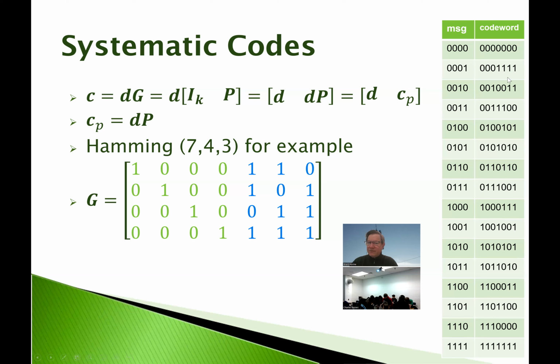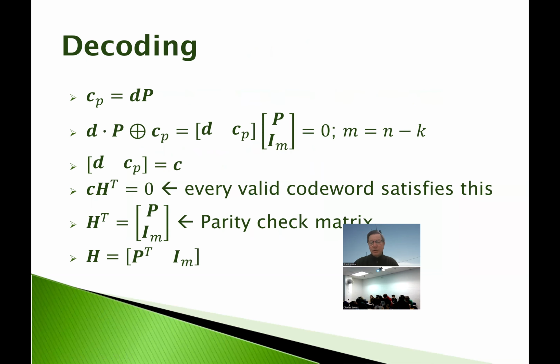If we receive any code word that's not in this table, then we can conclude that an error occurred. And in fact, with this code, we can potentially correct some of those. All right, so that's how we generate it. Any questions so far?